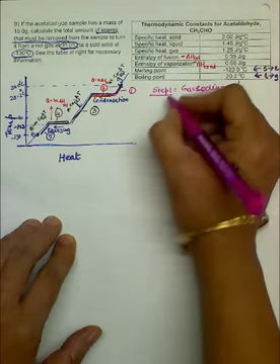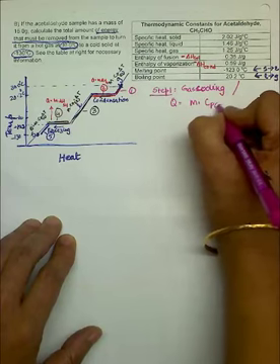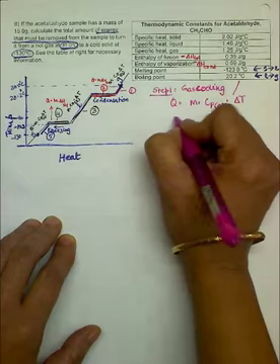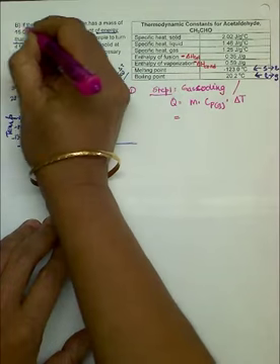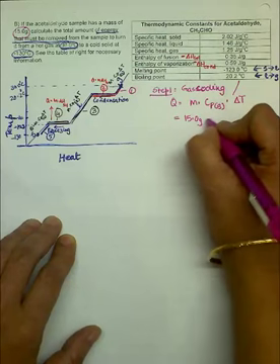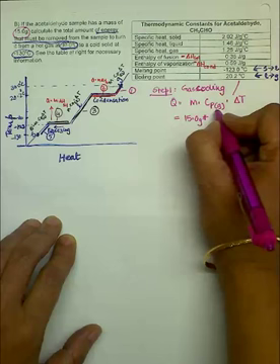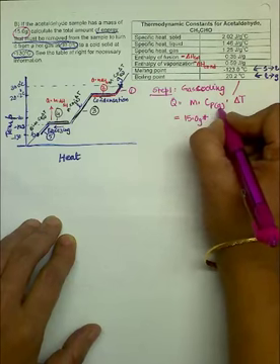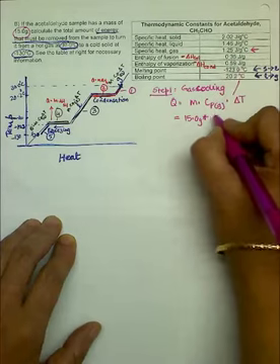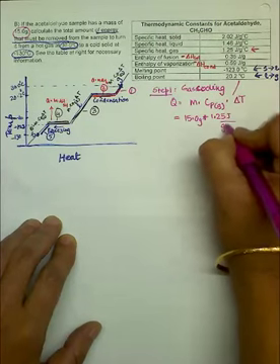So therefore, my equation is Q equals M times Cp of the gas times delta T. Now, the mass of my substance is 15 grams. So I'm going to choose that. And now I'm going to the table to choose my specific heat. Cp means specific heat, but it is the specific heat of gas. So my specific heat of gas is 1.25 joules over grams degrees Celsius.